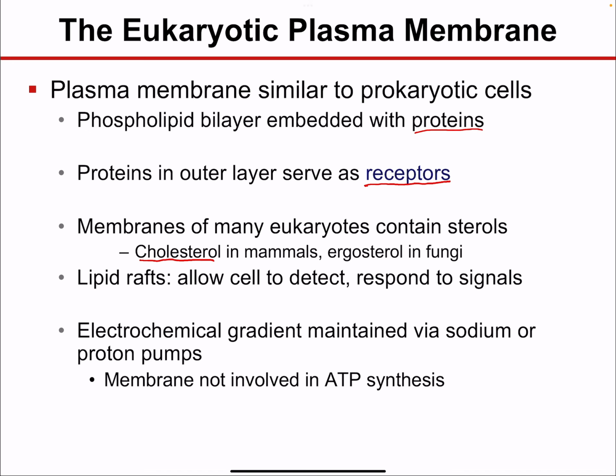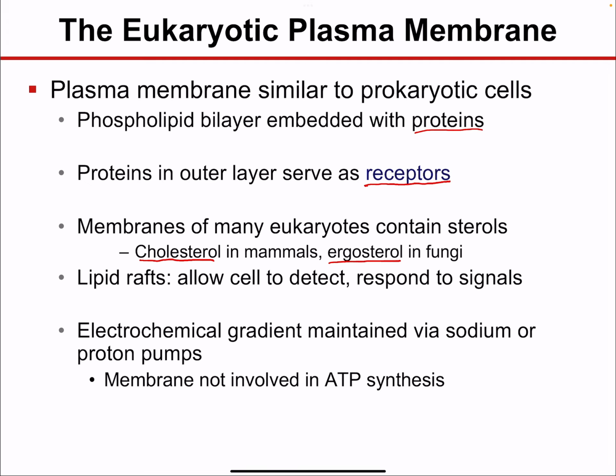When it's warm, the cell is going to have less cholesterol in the plasma membrane so the plasma membrane does not melt away. So cholesterol plays a very important role in the structure of the plasma membrane in animal cells. In fungi, in place of cholesterol, you have another sterol, ergosterol, that plays a similar role.